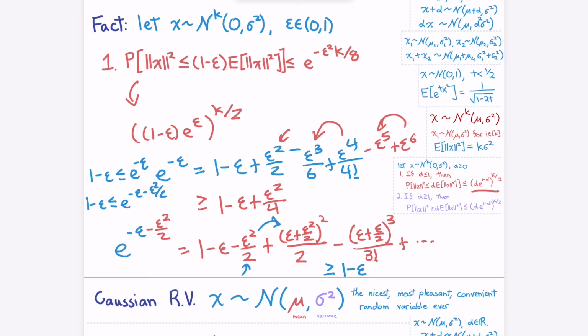If you expand it out, this thing becomes at most e to the minus epsilon, minus epsilon squared over 2, or maybe 4 to be safe, since that would match the claim, times e to the epsilon k over 2. Now this term will cancel out with that term, and you're left with epsilon squared over 4 times k over 2. That gets you the k over 8.